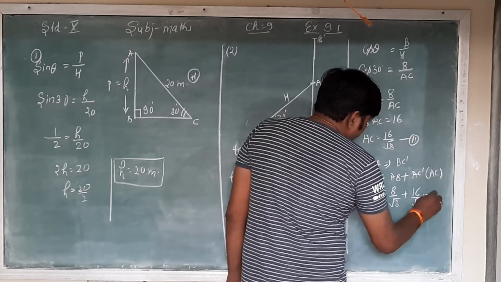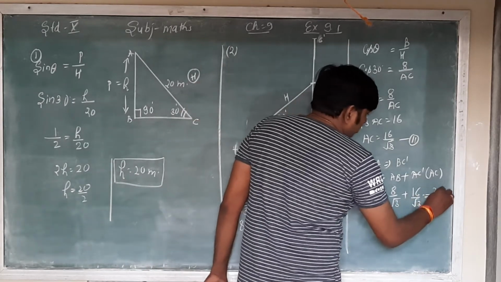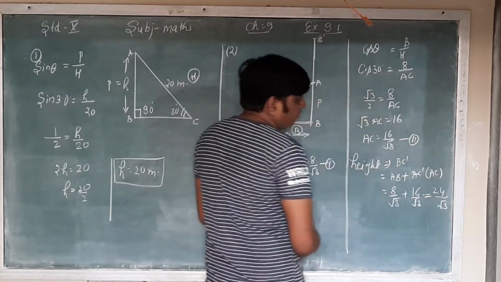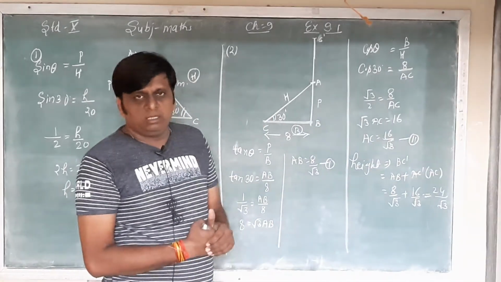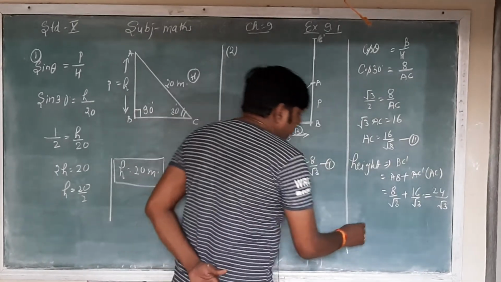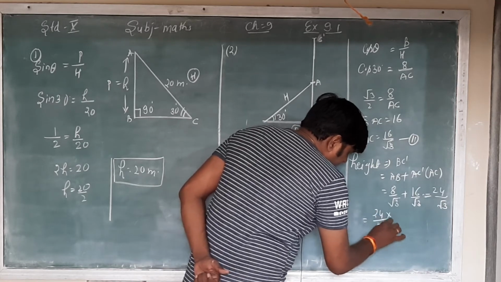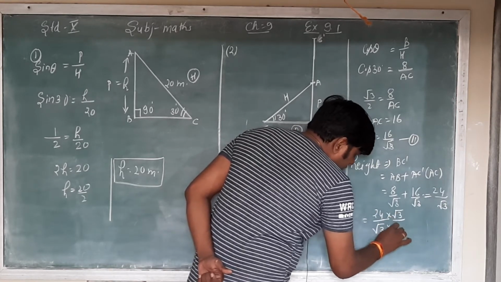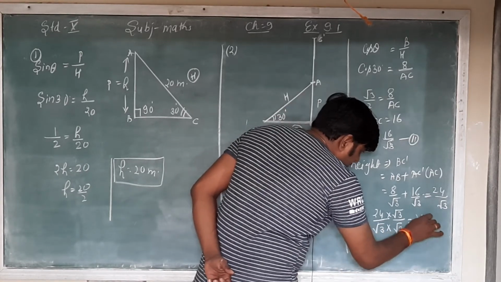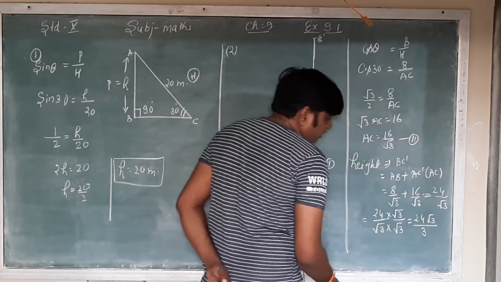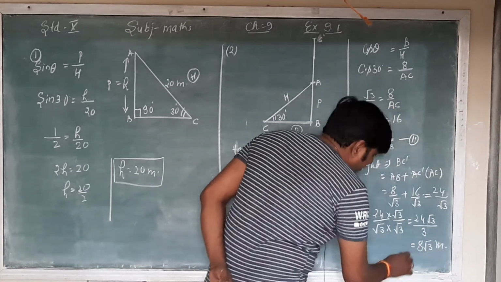Adding both terms, we get 24 upon root 3. But we should not leave root 3 in the denominator, so we multiply the numerator and denominator by root 3 and get 24 root 3 upon 3, which is 8 root 3 meters. This is the height of the tree.